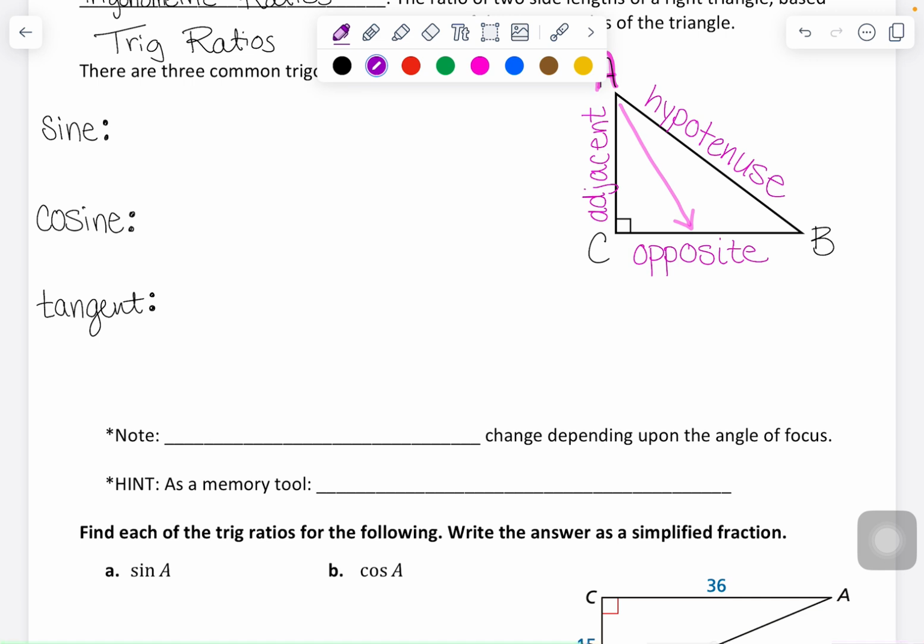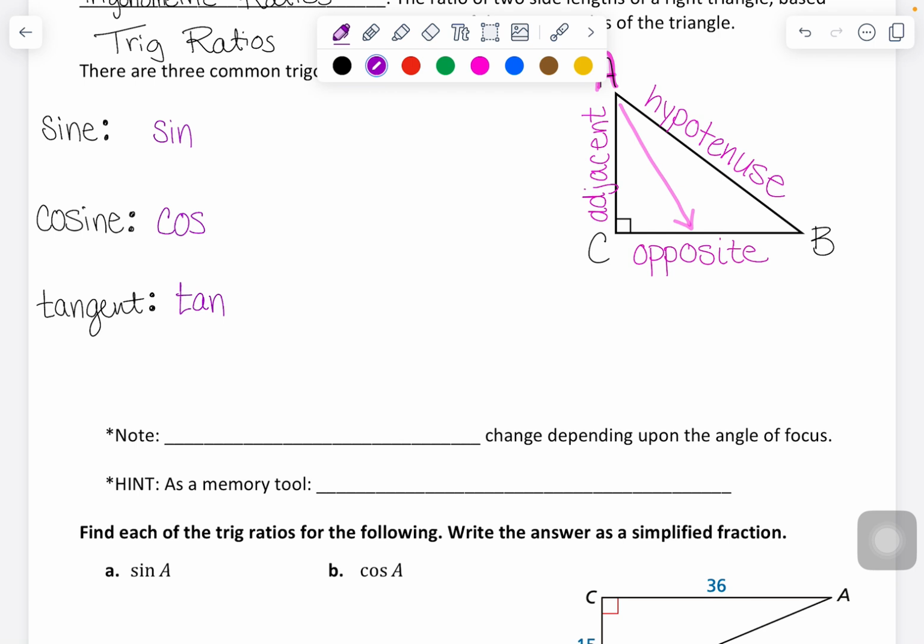They each have a shortened version of the first three letters. So sine goes S-I-N, cosine goes C-O-S, and tangent goes T-A-N. And you may have seen these buttons on your calculator. And we're not going to get to these buttons on our calculator today, but we will be moving in that direction. Now, you're never going to hear me refer to them as sin, cos, or tan either.